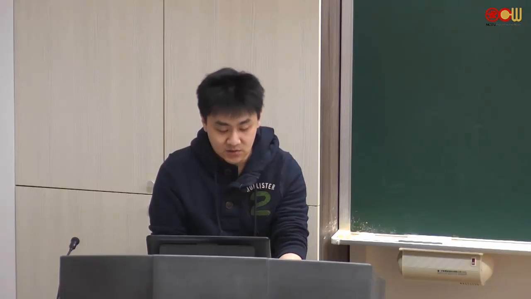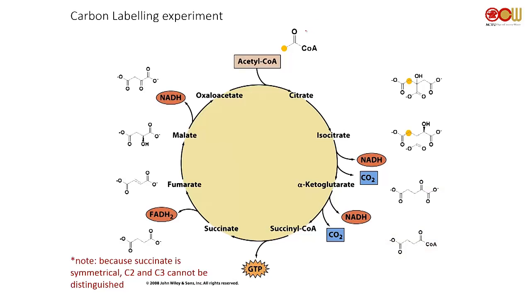Okay. So at the very end of last lecture, we talked about carbon labeling. When you form a new bond between acetyl-CoA and oxaloacetate, you essentially transfer acetate. Remember that acetyl-CoA is nothing more than an activated form of acetate. So when you put acetate onto OAA, you will put it right here.